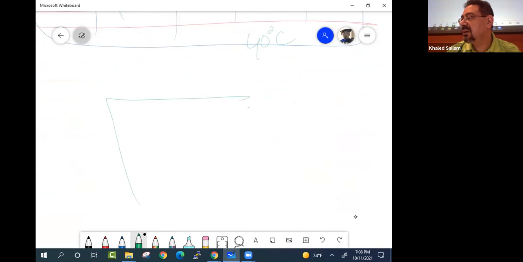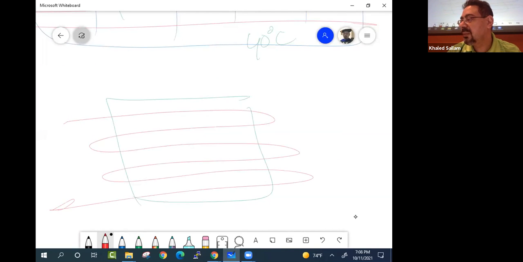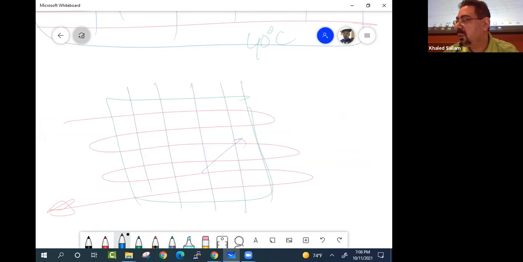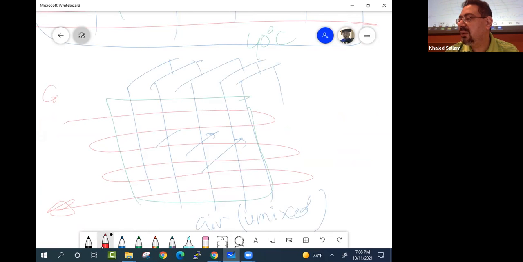So the car radiator will be, here's the hot pipe, and the air has to split to go between those plates. Right? So the air is unmixed, while the oil or the cooling fluid of the engine is mixed, because you send the whole thing in one pipe.